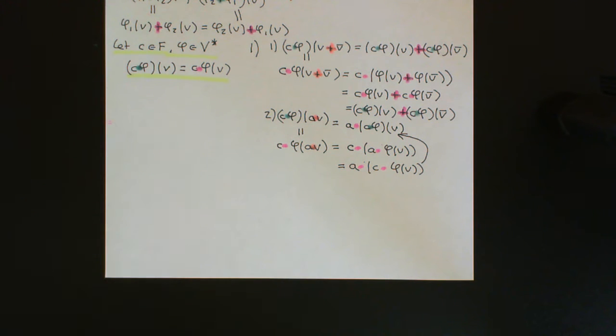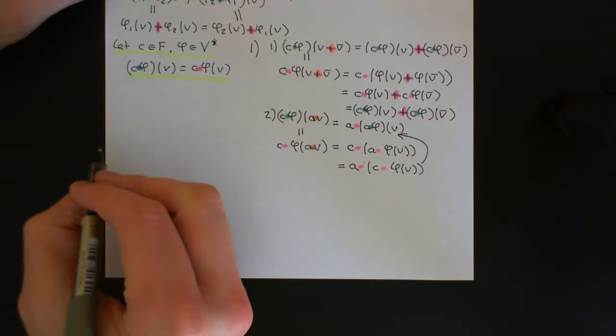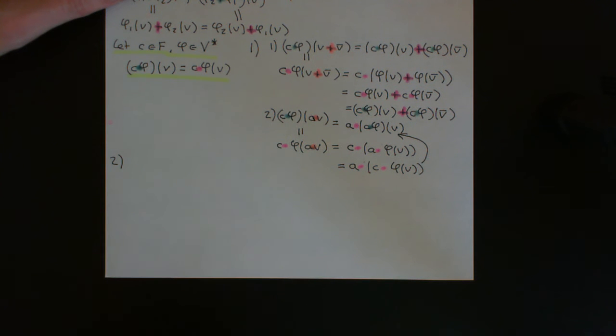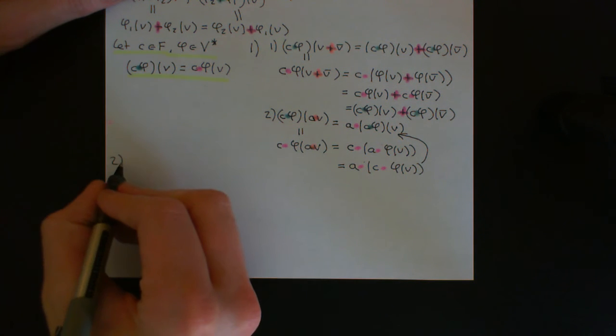Okay, so we've now checked closure. The next axiom that we need to check is associativity. Okay, so let me write this out here. So axiom number 2 is associativity of scalar multiplication with field multiplication.